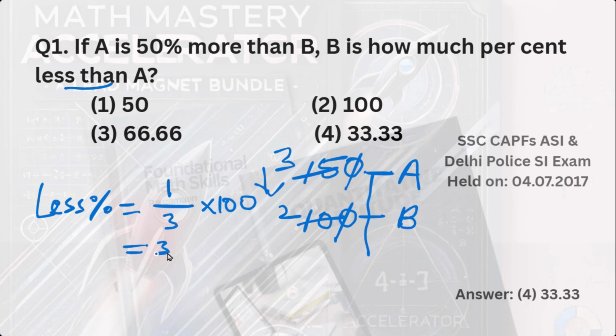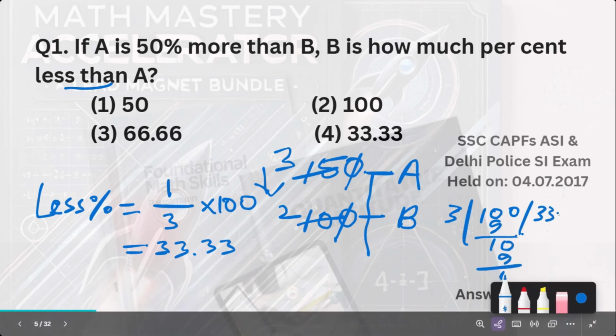When 100 is divided by 3, the answer is 33.33.